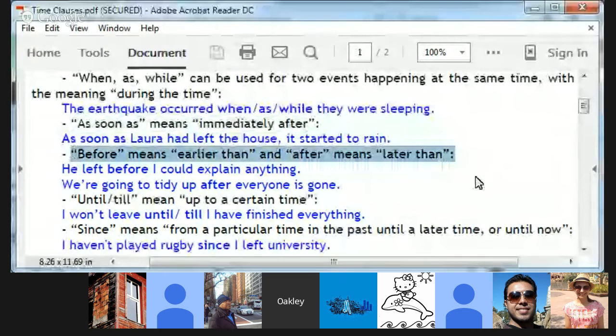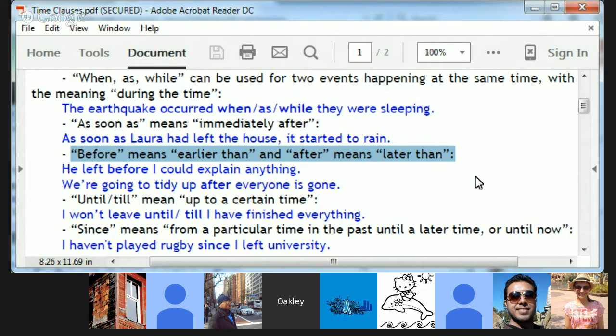When we use before and after, because clearly we're talking about two actions, one before the other, here's the deal. You're allowed to use past perfect tense, but it's obvious from the meaning of the words before and after that one thing happens before the other thing, or one thing happened after the other. We don't really need the past perfect to show that one thing happened at a time previous to the other.